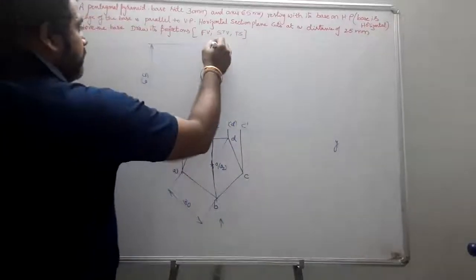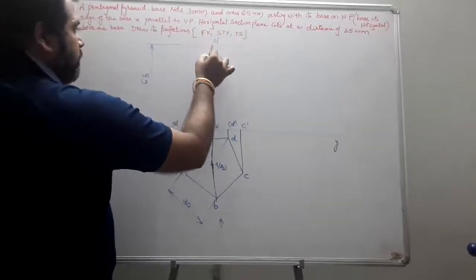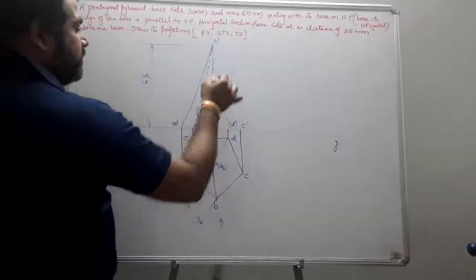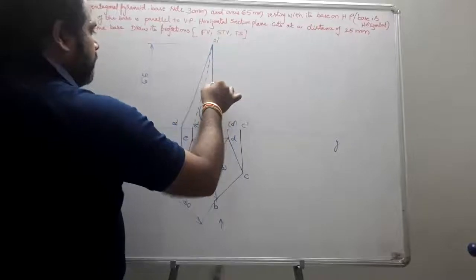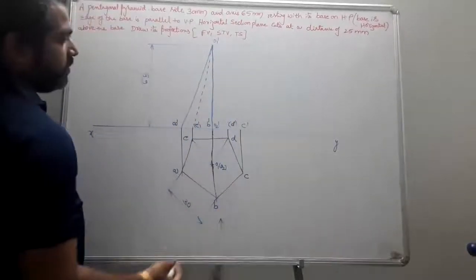Now join O dash with A dash, and O dash with E dash, and this is a solid line. Why? Because the corner is visible from the front, so this B point.